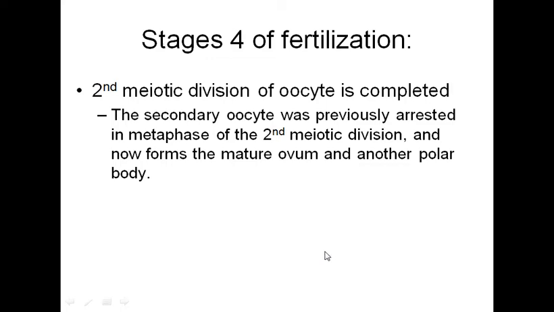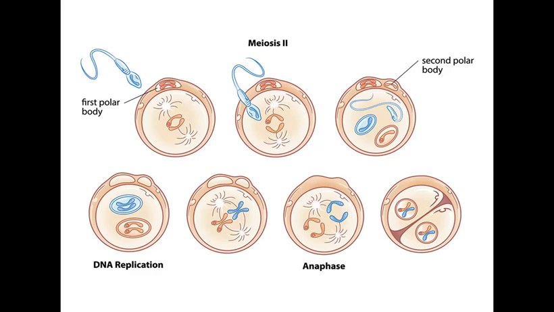The cycle of meiosis, उसमें we studied that the secondary oocyte was arrested in metaphase of meiosis 2. अब वो अरेस्टेड फेज में था, नाउ फर्टिलाइजेशन हैज़ टेकन प्लेस. अब उसकी डिविजन कंप्लीट होना स्टार्ट हो जाएगी. नाउ इट विल फॉर्म द मेच्योर ओवा एंड द पोलर बॉडी लाइक दिस. इस तरह से अब फर्टिलाइजेशन हो गई है. अब ये अपना मेटाफेज से आगे स्टार्ट करेगा एंड इट विल कंप्लीट इट्स डिविजन. See, and here we can see the second polar body.